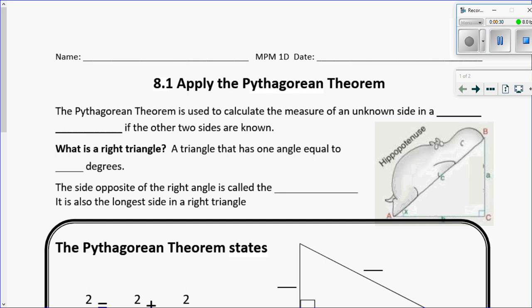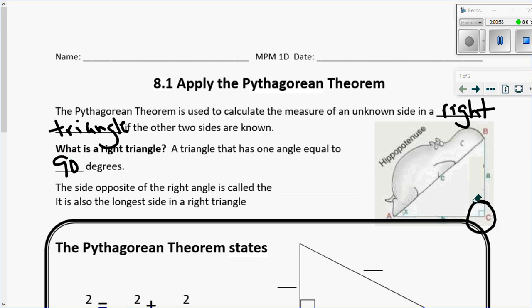The Pythagorean theorem is used to calculate the length of an unknown side in a right triangle. Now, what is a right triangle? It's a triangle that has one angle equal to 90 degrees.